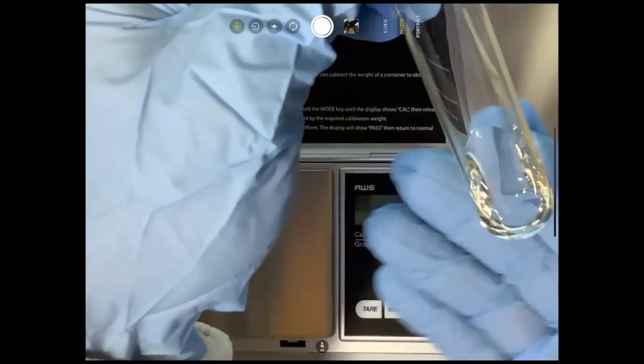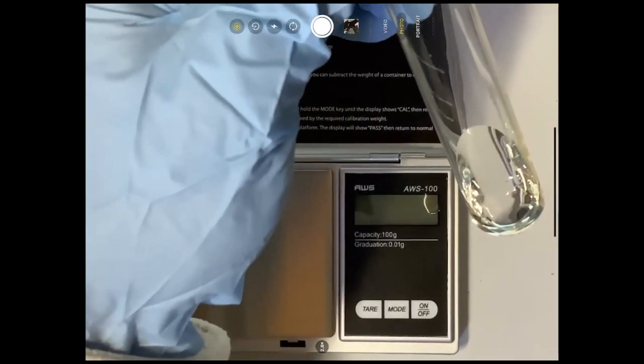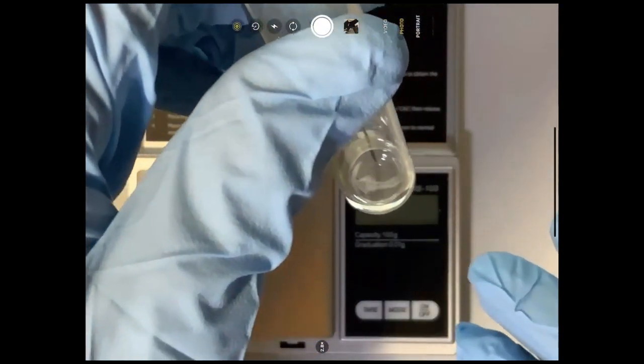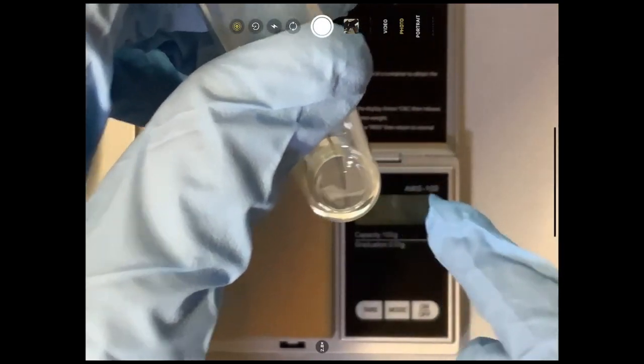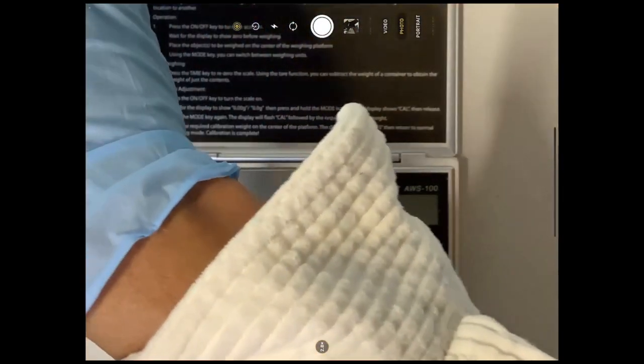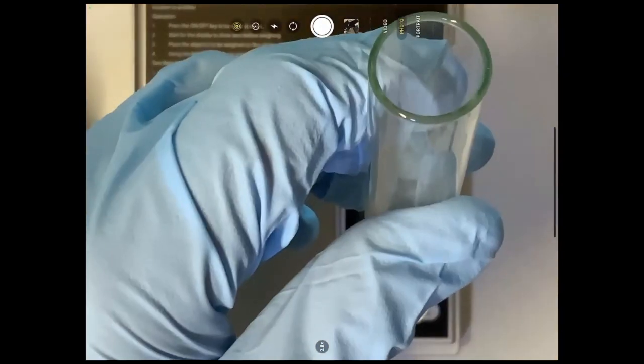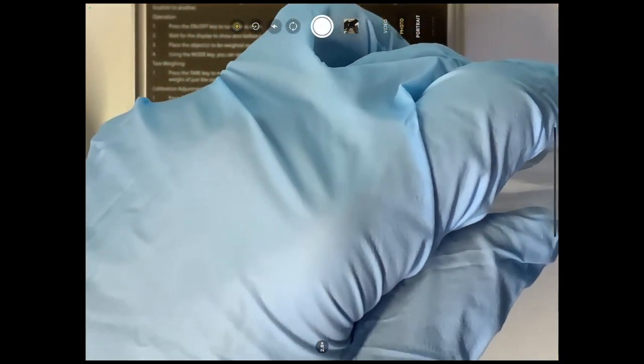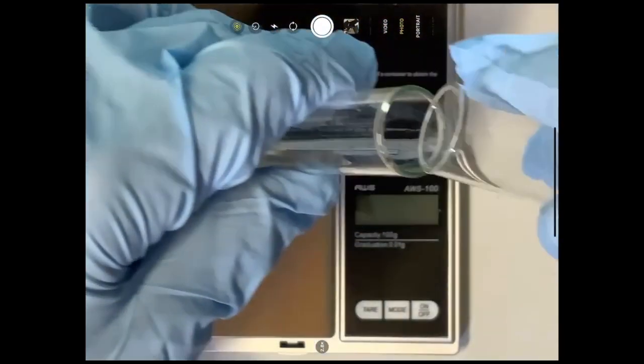But I can see the layers. I can see the layers if I look closely. So the most dense is on the bottom, the least dense is on top, and then the liquid with the least density now is going to be poured. So I'm going to go ahead and do that.